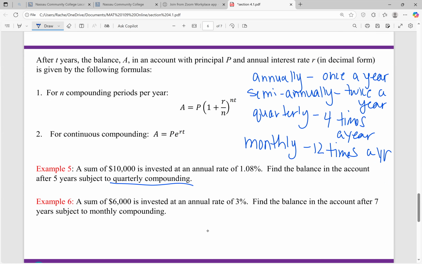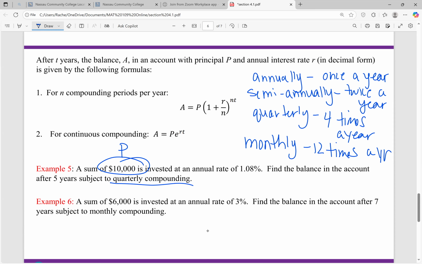We're starting with 10,000, that's the principal amount. But every time we earn interest, our balance goes up a little bit. The next time, we earn interest on the 10,000 plus the little bit of interest that we made last time. So you could think of compounding as earning interest on interest. Even your interest is earning money.